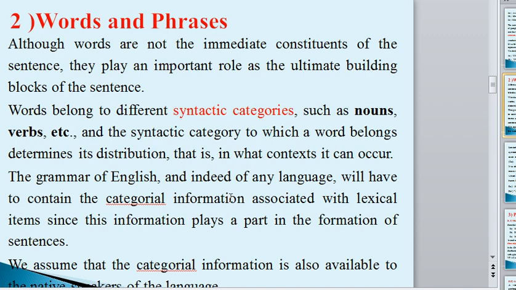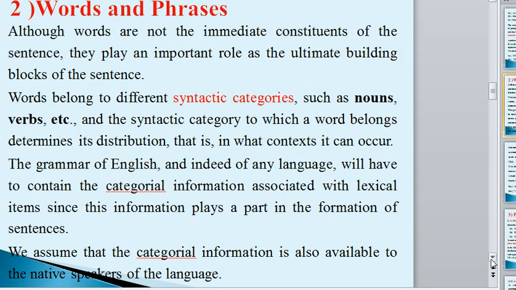The grammar of English, and indeed of any language, will have to contain the categorical information associated with lexical items, since this information plays a part in the formation of sentences.